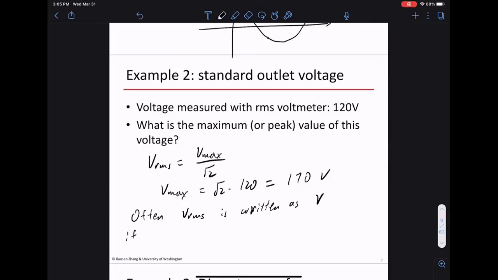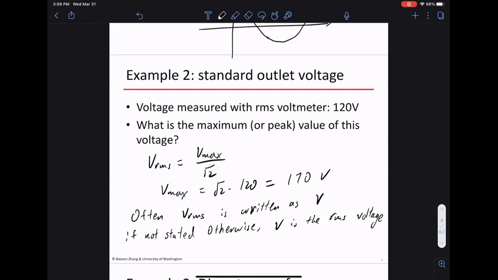If you read some books or menus, often the voltage is just V. So that means if not stated otherwise, V is the RMS voltage.